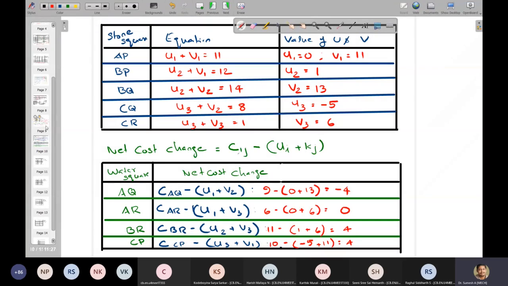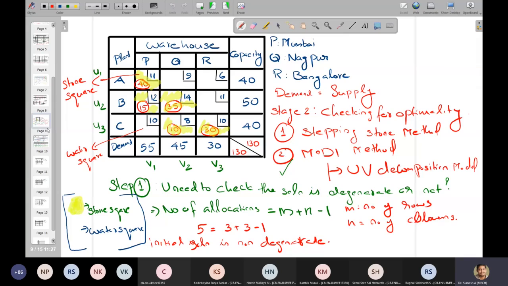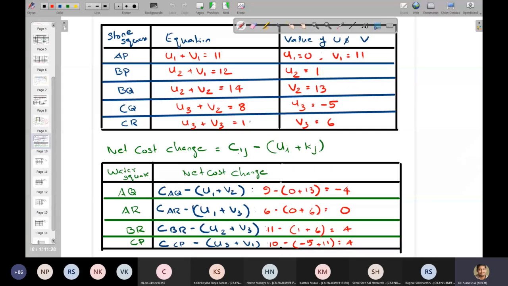Sorry, a mistake was made here. So instead of 6, that value becomes 15.